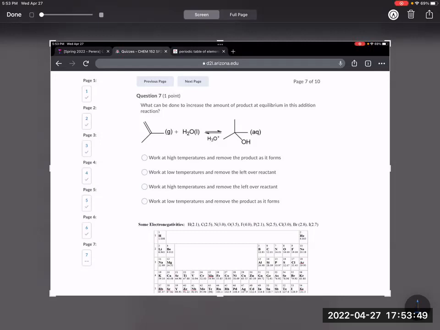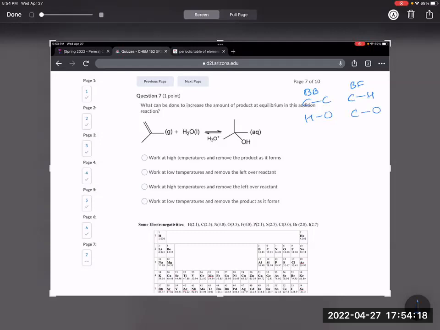This is water addition to alkene, acid catalyzed water addition to alkene. And in this case, overall, bonds that are broken are carbon-carbon and the H-O bond of water, and bonds that are formed overall are carbon-hydrogen and carbon-oxygen.